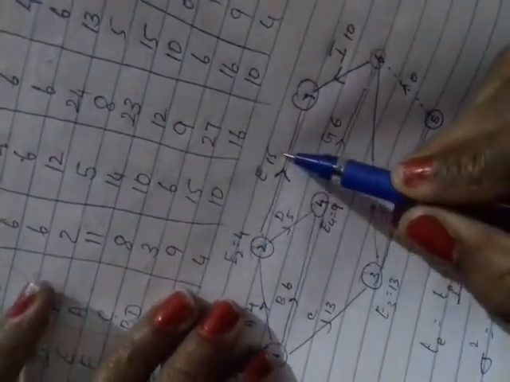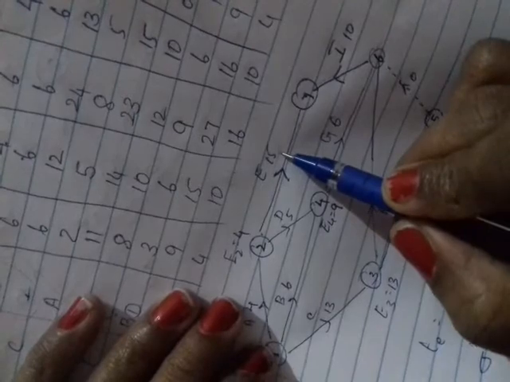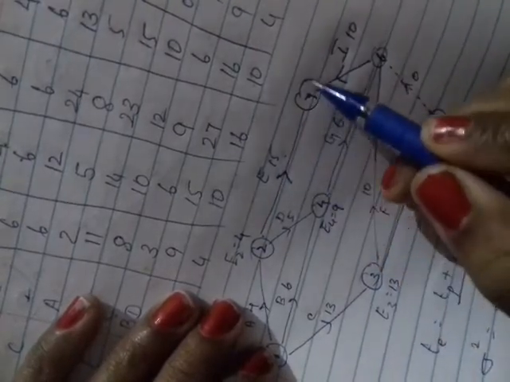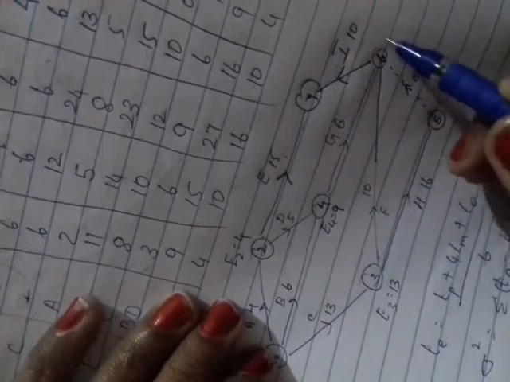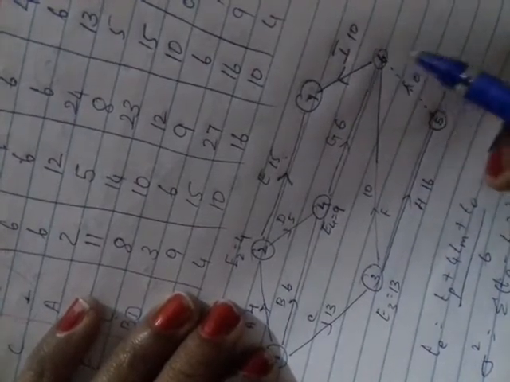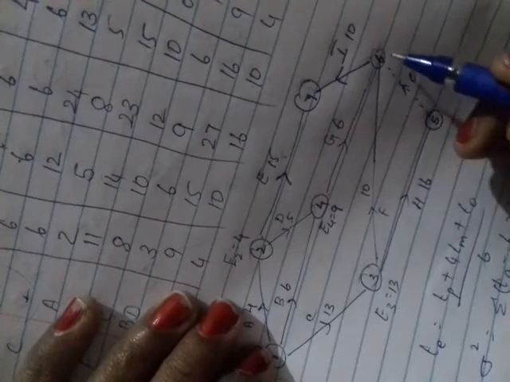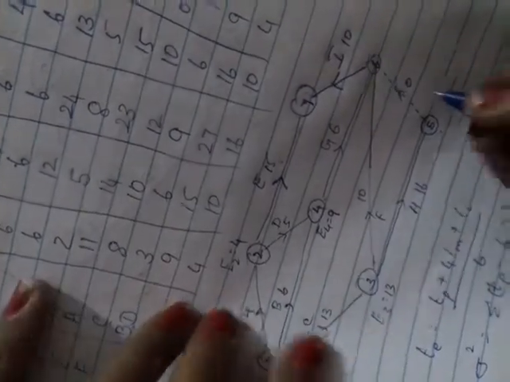Now 4 plus 15 is 19. But for this node, two activities are merging. So you have to find out this value for E6. To find out E6 you need to find out E5. So E5 is 13 plus 16, you will get 29.